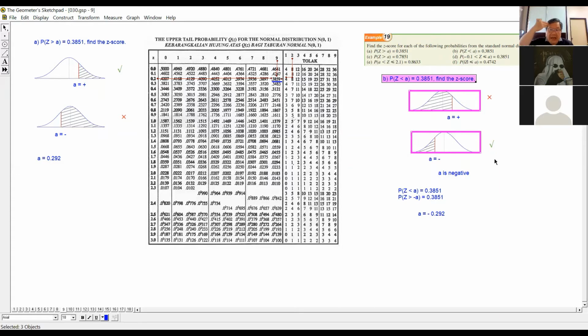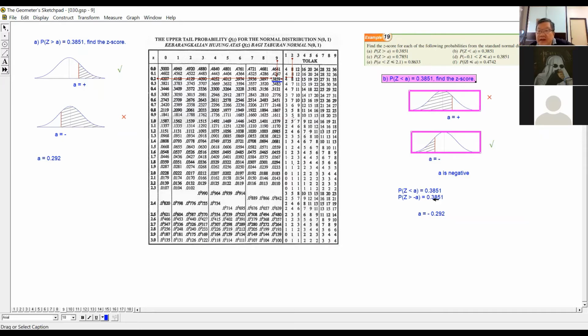So now you bear in mind that A should be negative. But the problem is our table can never show us probability less than A, because the table is calibrated for the upper tail, not for the lower tail. But because of symmetry, there is an equivalent in the upper tail.